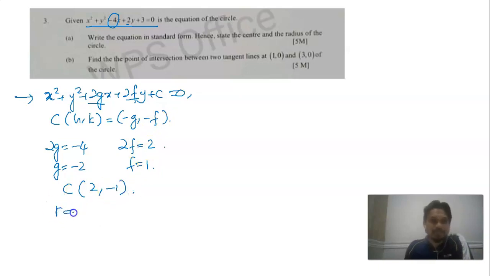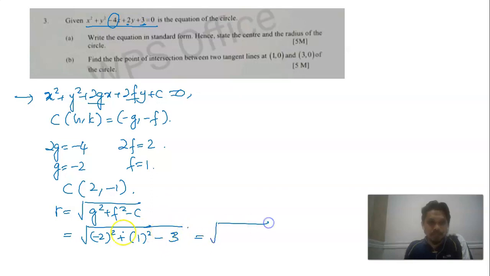And then the radius equal to square root of g squared plus f squared minus c. Square root of g squared, negative 2 squared, plus 1 squared minus c, where c equal to 3.